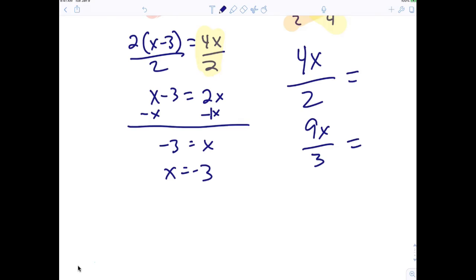Why did you move the 2 up to the top left? How did that become a 2? Is that what you're asking me? Yes, ma'am. How did you know to divide by 2? Because it would just make it easier.